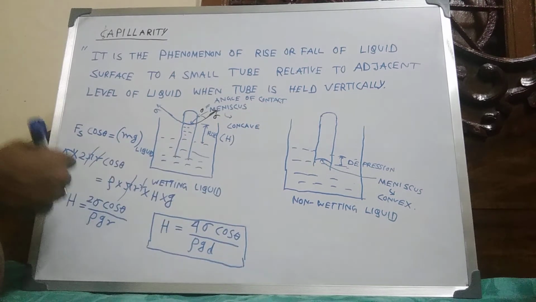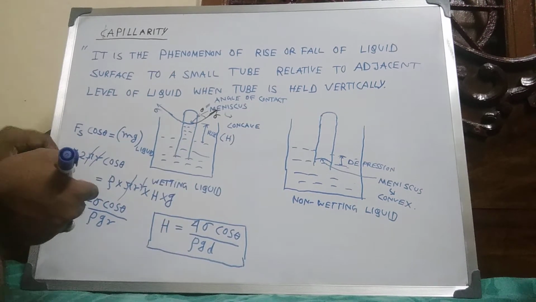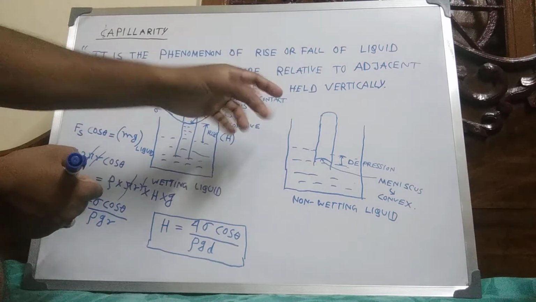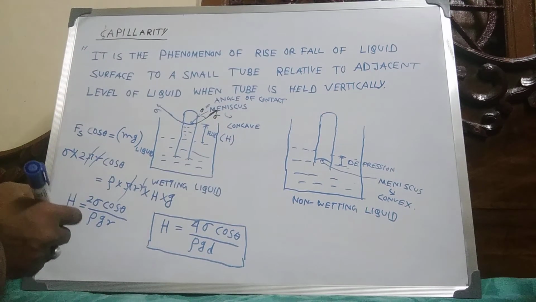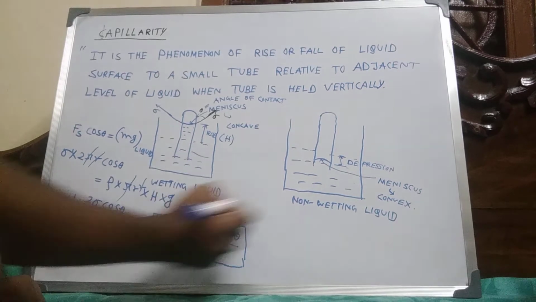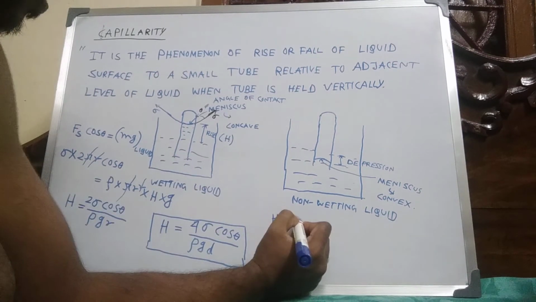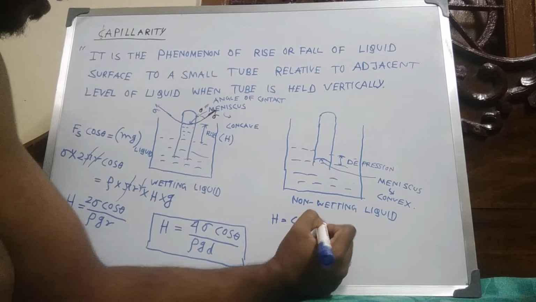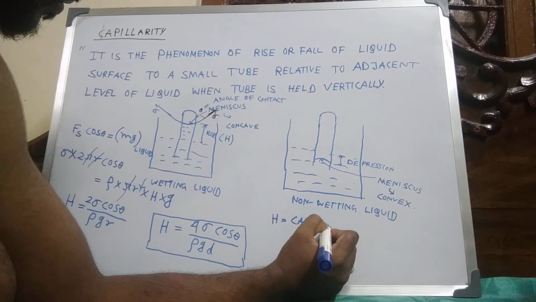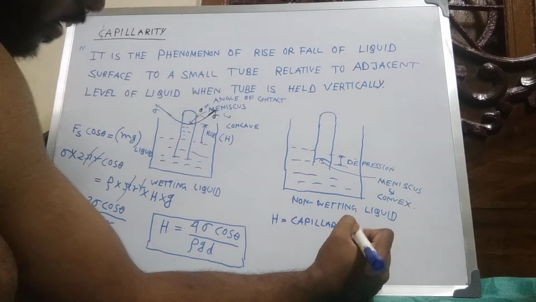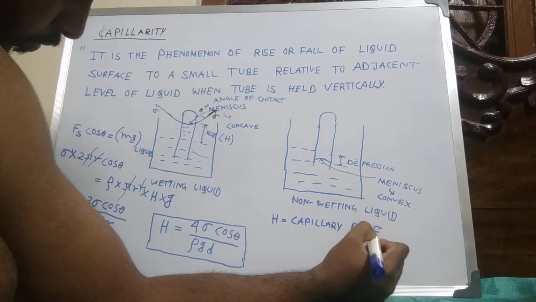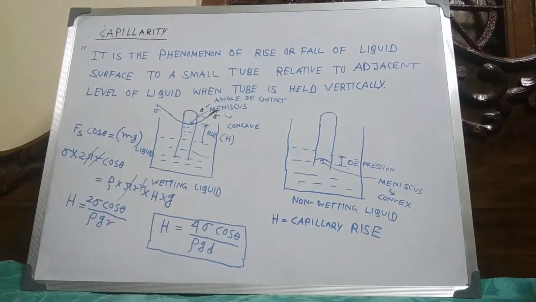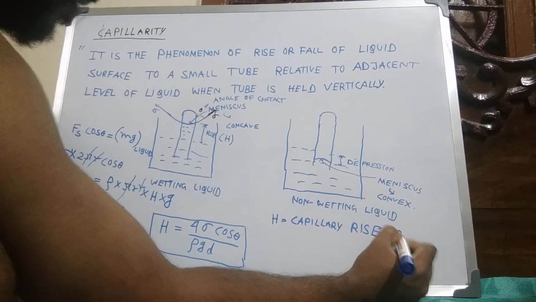In the same way you get this value for depression. So h is the capillary rise or depression.